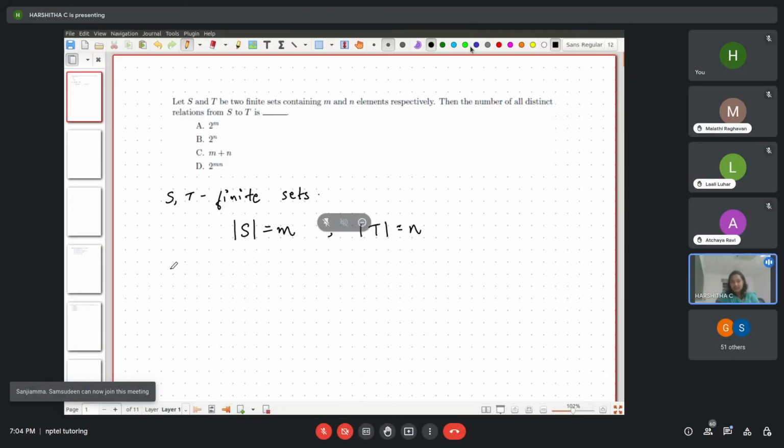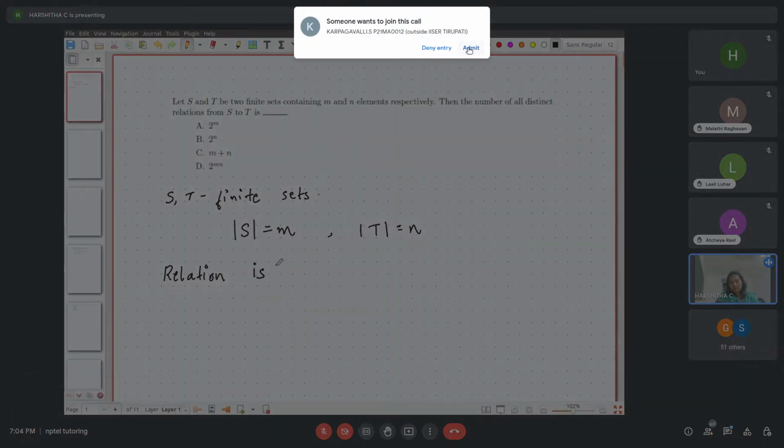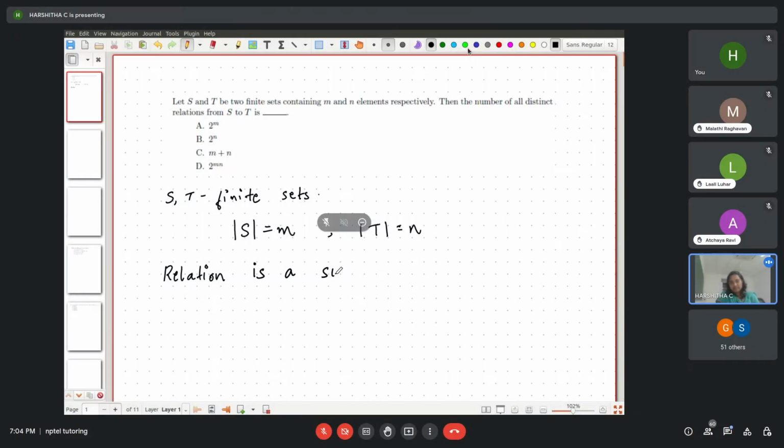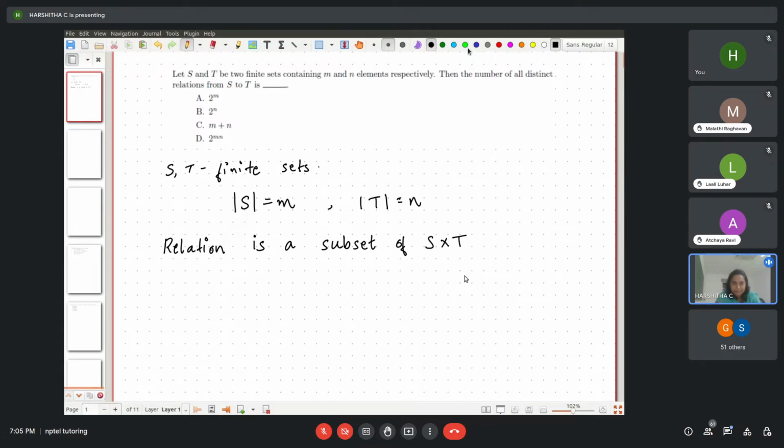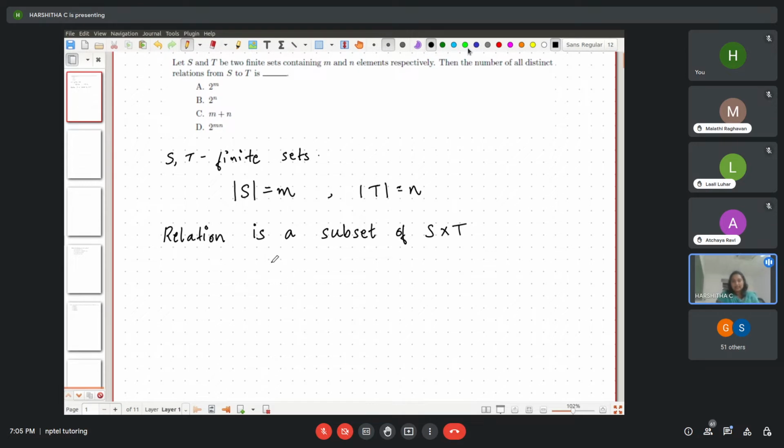So what is a relation? A relation is a subset of S cross T. We first try to understand this term. Let's look at an example.